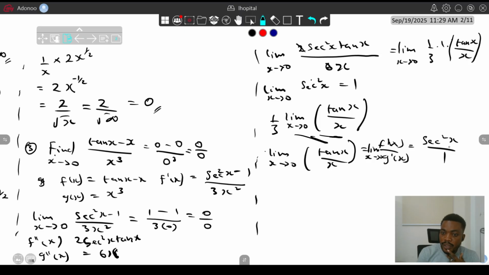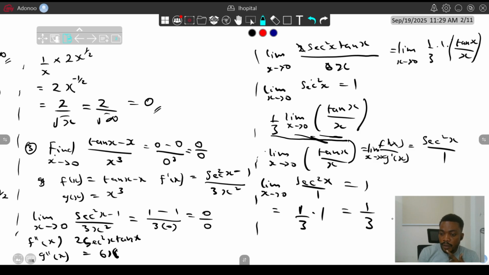So if we bring this back into the function, we know that the limit as x approaches 0 of sec squared x over 1 is equal to 1. So this gives us 1 over 3 times 1, which is equal to 1 over 3 from here, right? Good.